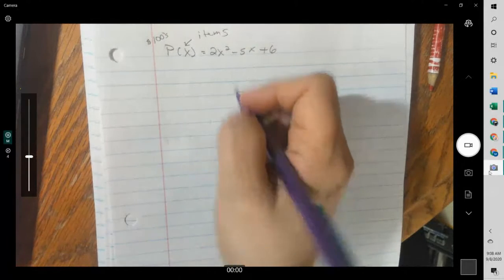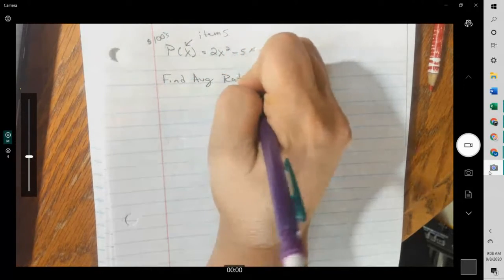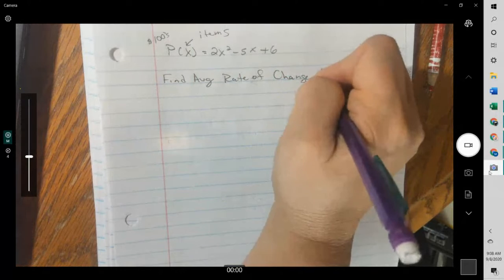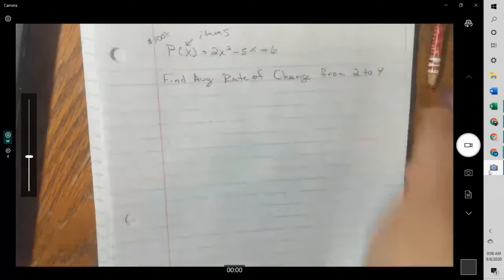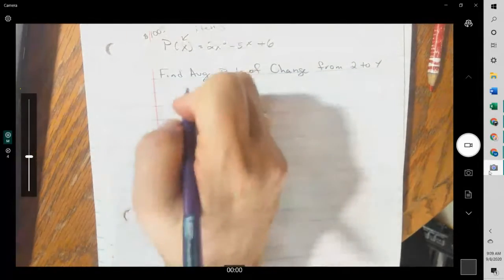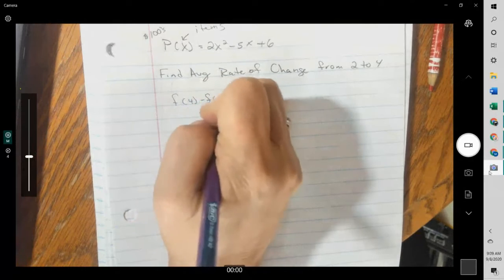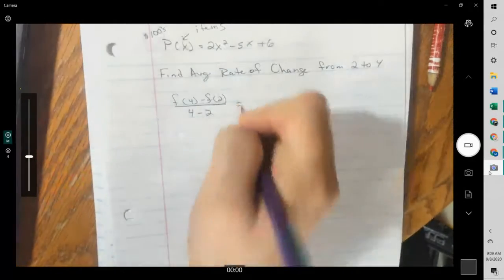Find the average rate of change from 2 to 4. So average rate, that's my slope. f of 4 minus f of 2 over 4 minus 2.